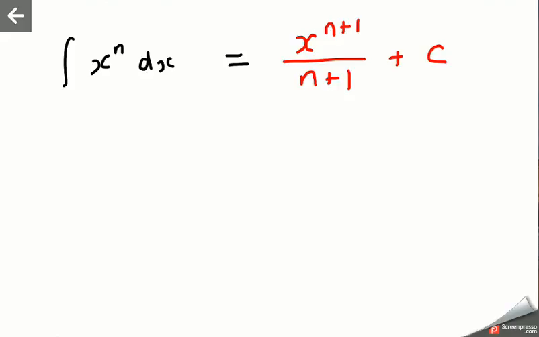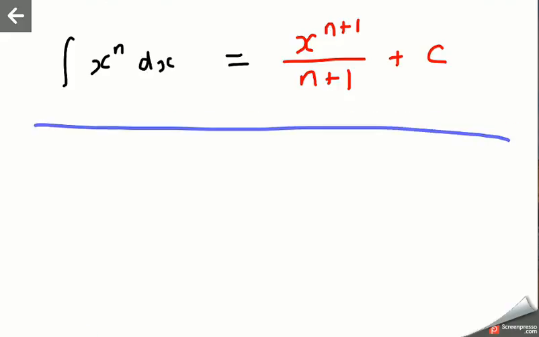Now, putting this together with the other rule that we learned in the last video, we learned that anti-differentiation is linear.